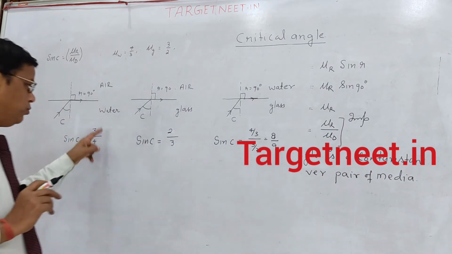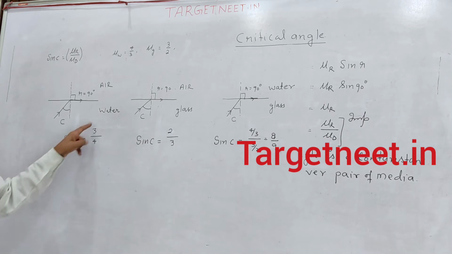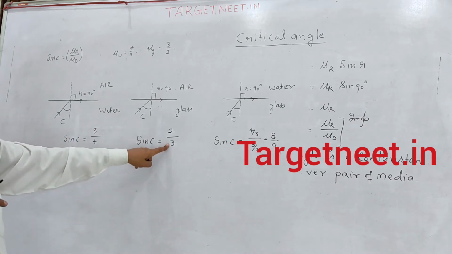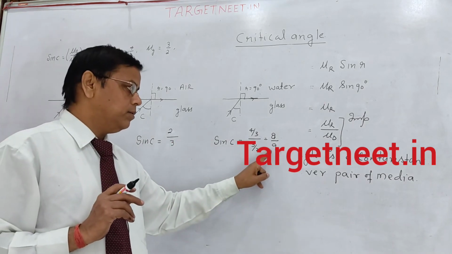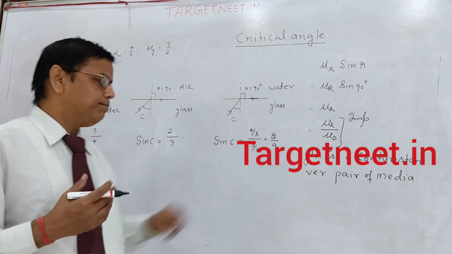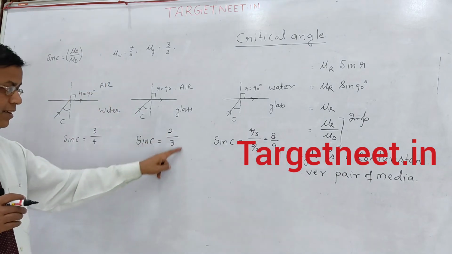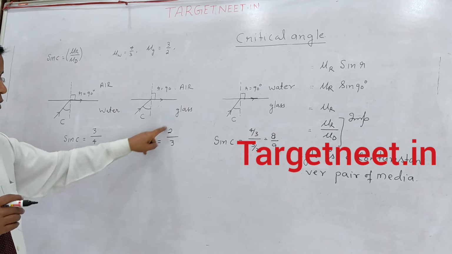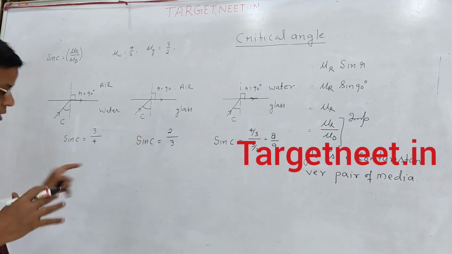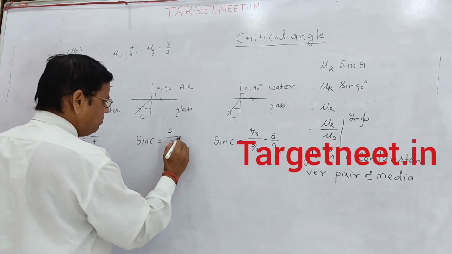Now see the ratio of these. This is 0.75, this is 0.67, and this is 0.79, you can say. So this ratio is least. So it has got the least value.